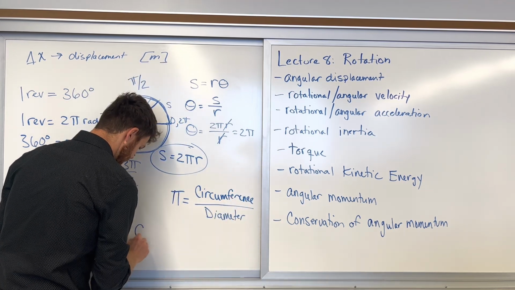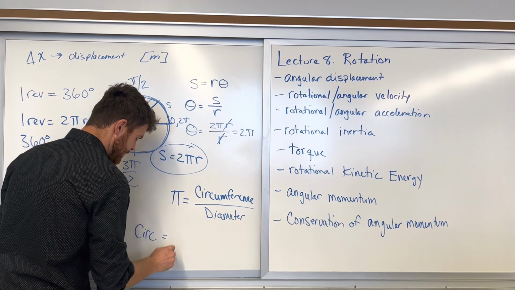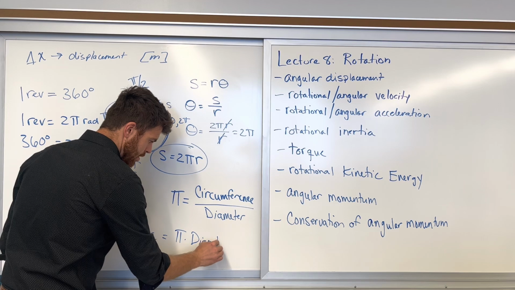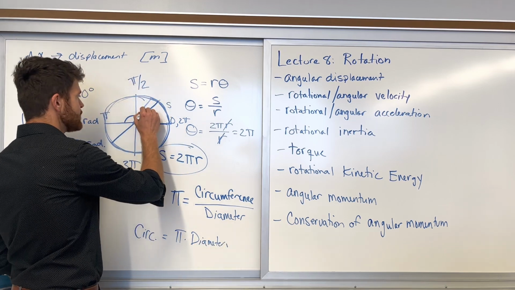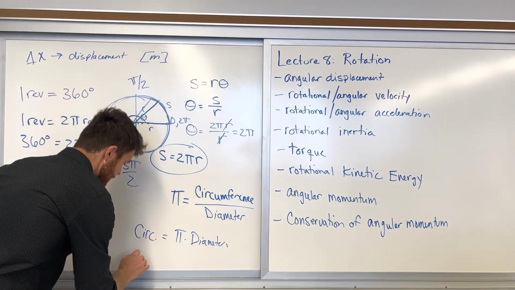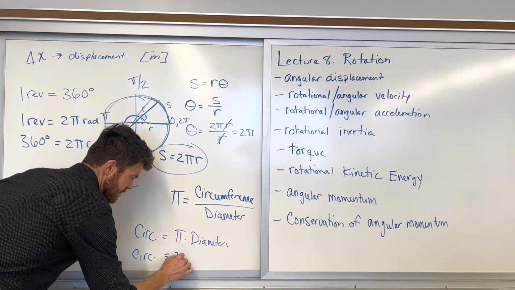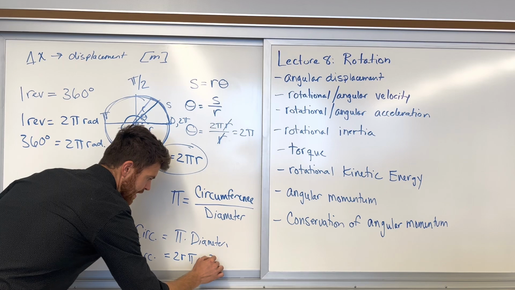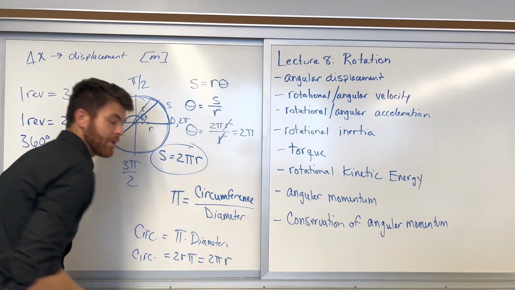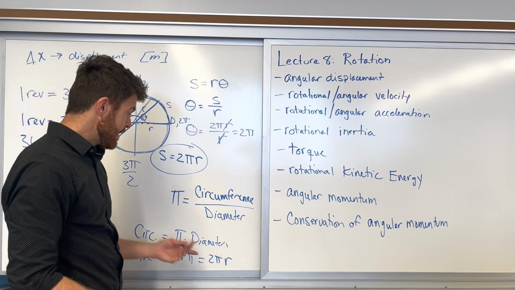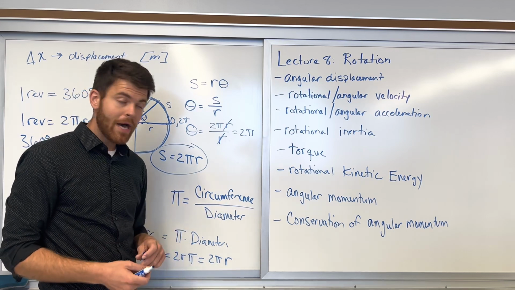Because circumference equals pi times the diameter. Well, what is the diameter? It's 2 times the radius. So the circumference of a circle is 2 times r times pi, but we usually write it as 2 pi r. So that's where the formula for the circumference of a circle comes from. That's just the definition of pi.